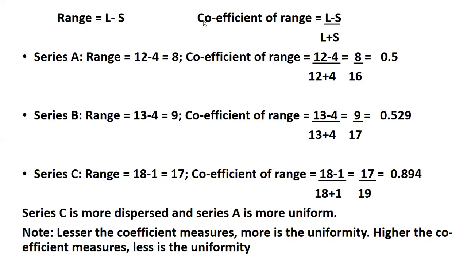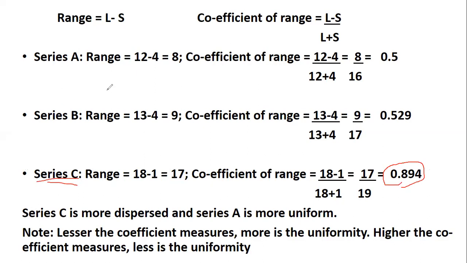So what we are going to say from this is 0.894, which means series C is more dispersed, means it is more scattered around. So series C with more coefficient value is scattered around. Okay, understood? So that is where series C is more dispersed.